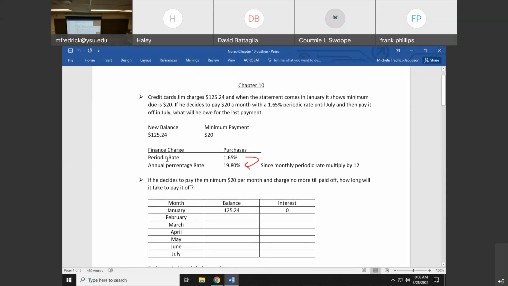So if it says periodic rate, to get the annual percentage rate, you just multiply by 12. If you have credit cards, if you look at your statement at the bottom, it will tell you your annual rate and your periodic rate. Periodic means however many times they compound it in a year. Most are monthly. Any questions so far?